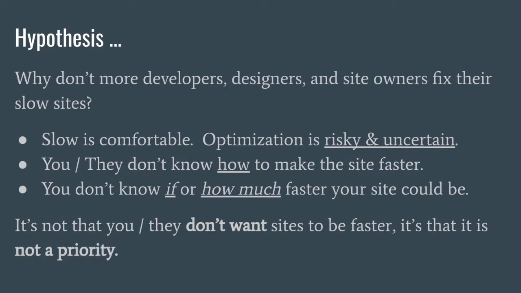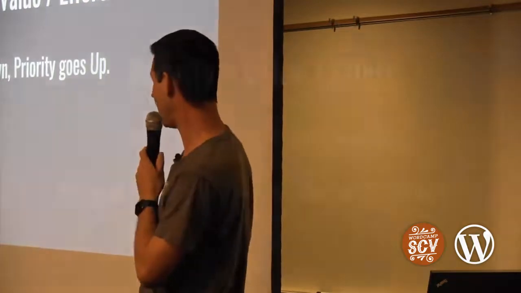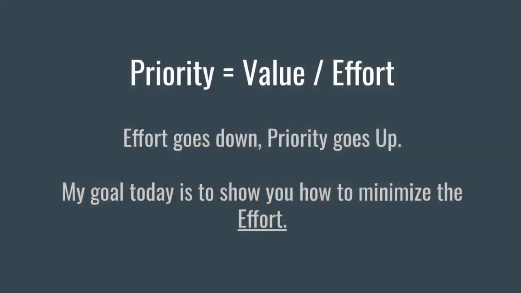So I want to talk a little bit about that last part, priority. I'd like to say that priority equals value over effort. We've already talked about the value of fast sites and performance. And now if your effort goes down, then your priority will go up. So my goal today is to show you how to minimize that effort.